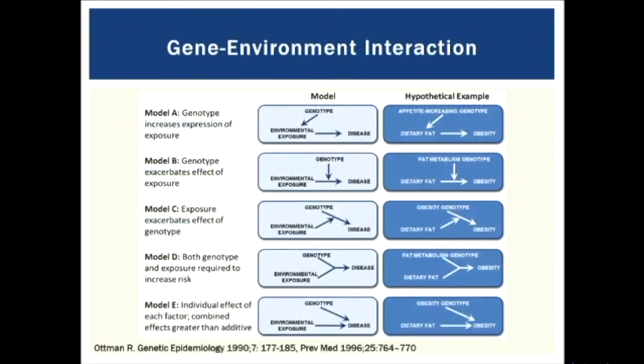There are a number of different models that you can think about in terms of how genes and environment might act together. And here are 5 of those models that are pretty fundamental.